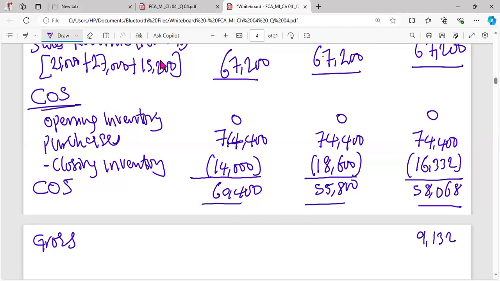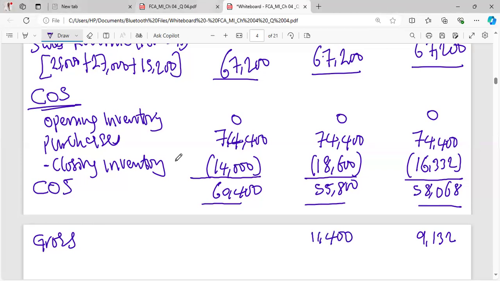Let's do the one beside it. 67,200 minus 55,800 is 11,400.